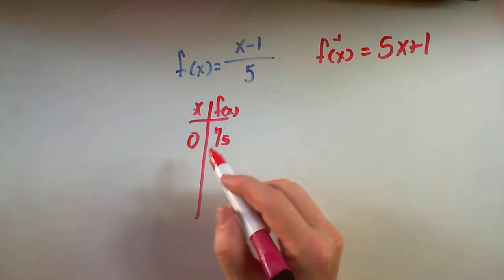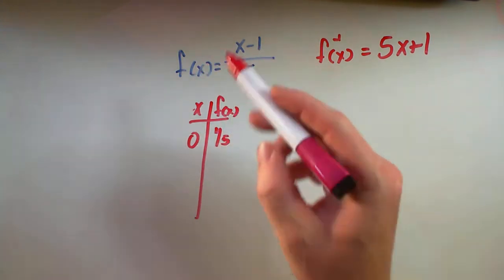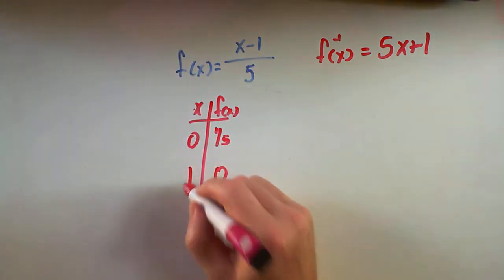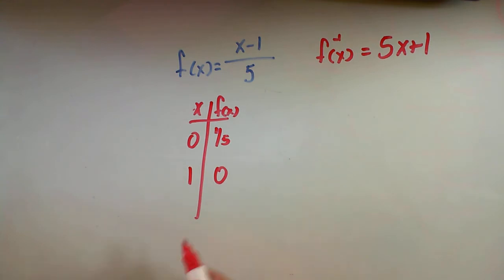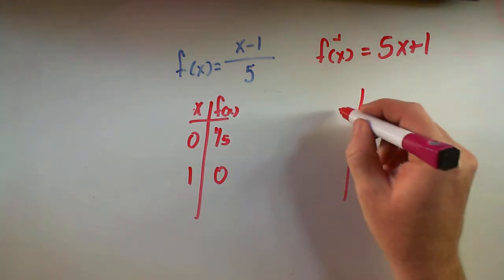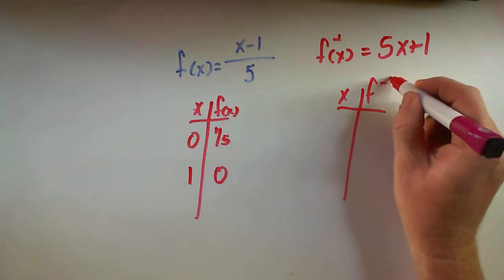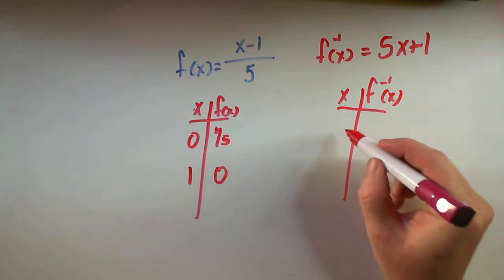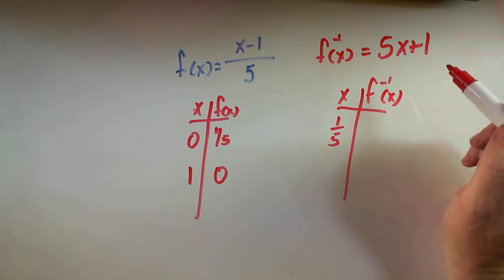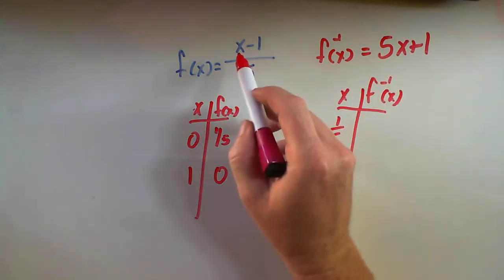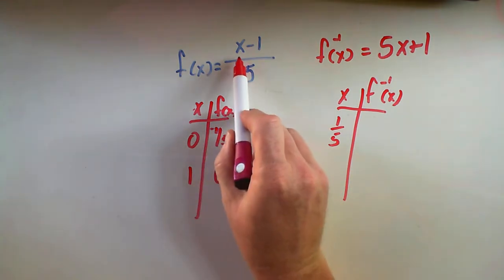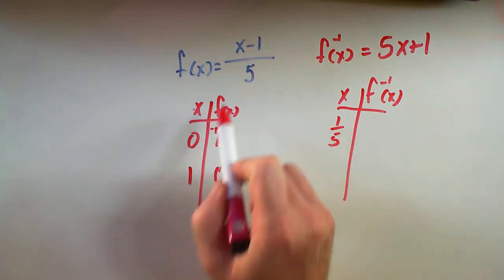If I plug in 0 for y, then my x value is 1. So those 2 points are on the graph. Looking at my inverse, if I plug in 0 for x there, I get negative 1/5.